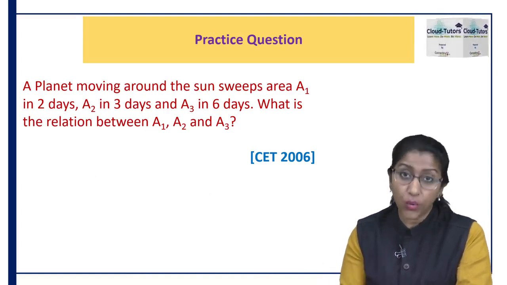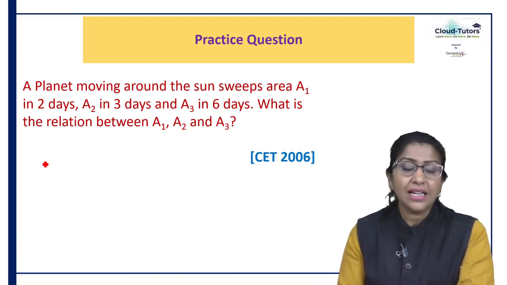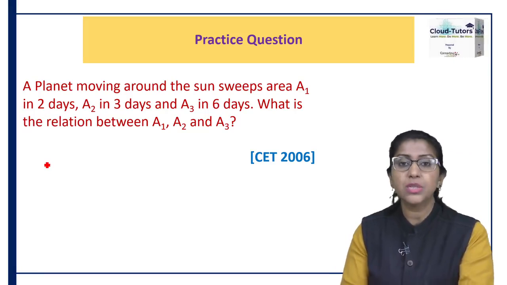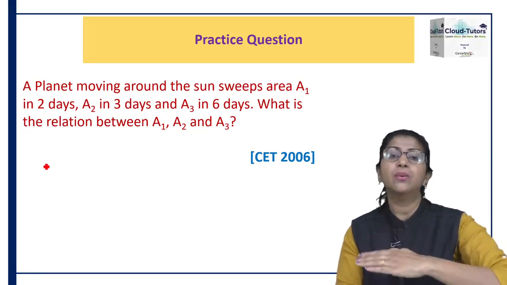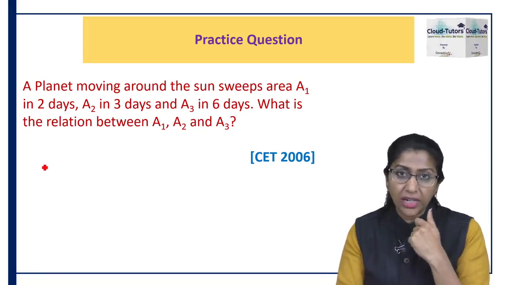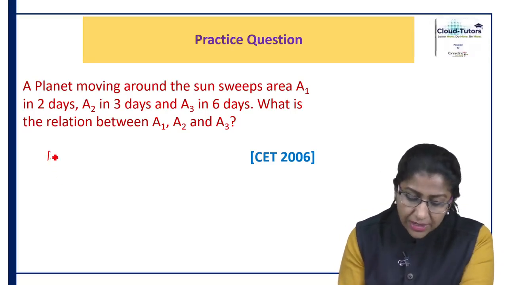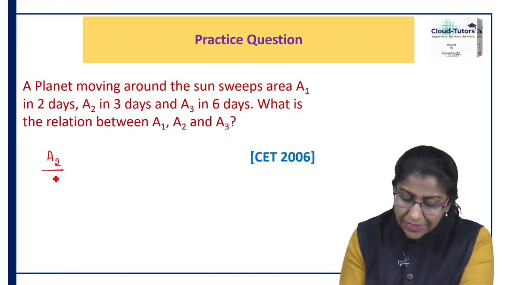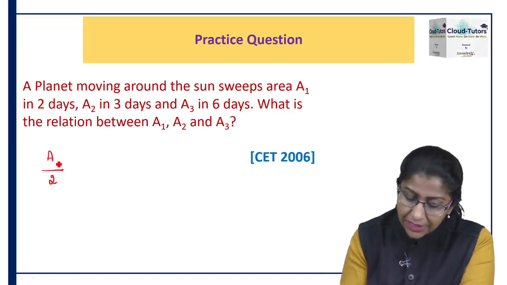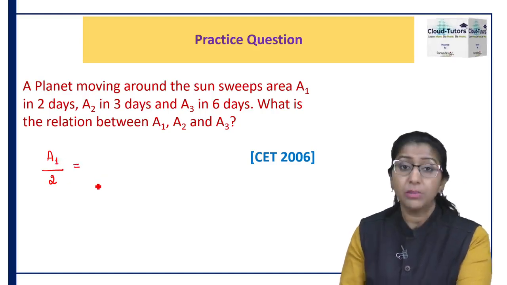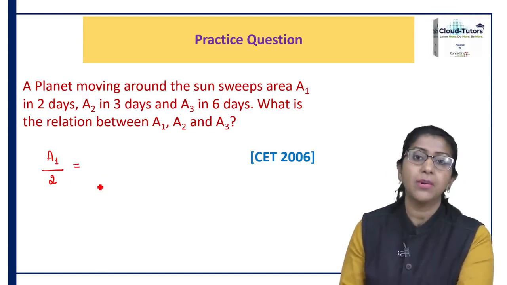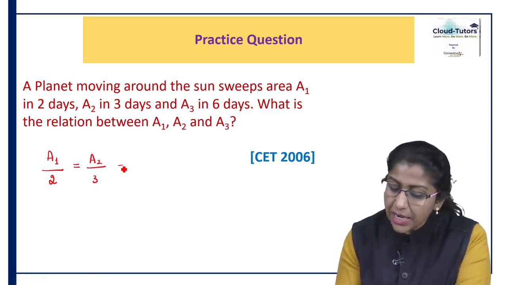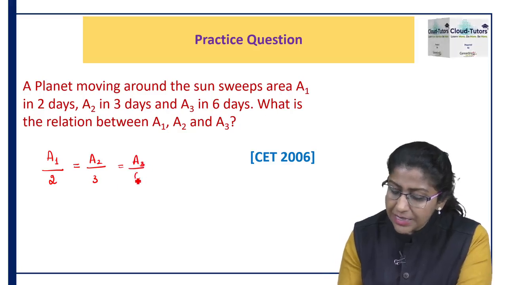Now we all know that according to the second law given by Kepler, the law of areas, it sweeps equal areas in equal intervals of time, correct? So according to this, can we not write A1 divided by 2 is equal to A2 in 3 days and A3 in 6 days? Because they are all in days, we don't have to worry about any conversions.